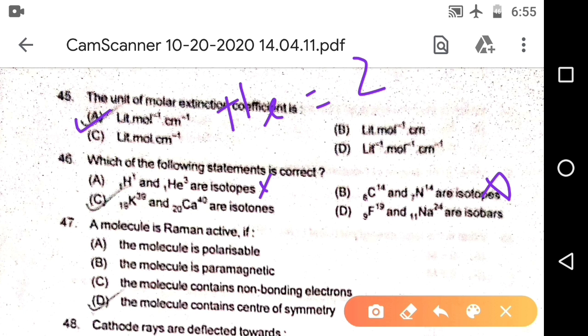In case of C, they are isotones, and this is the right answer because isotones have the same number of neutrons. How do you calculate the number of neutrons? The formula is A minus Z. K has 20 neutrons and calcium also has 20 neutrons. So both are isotones, and this is the right answer, 46C.